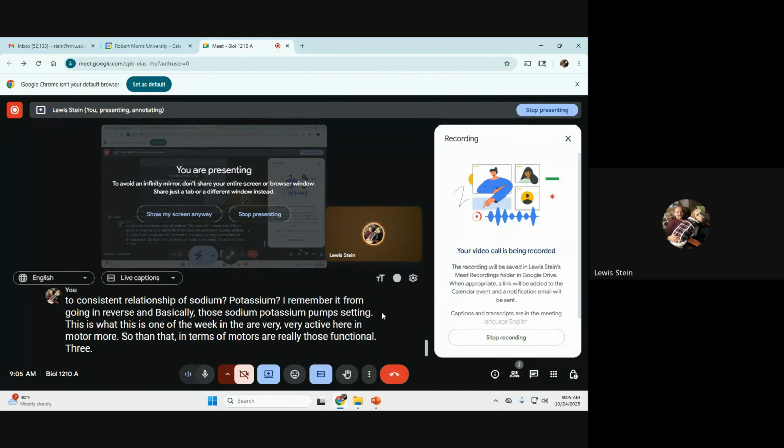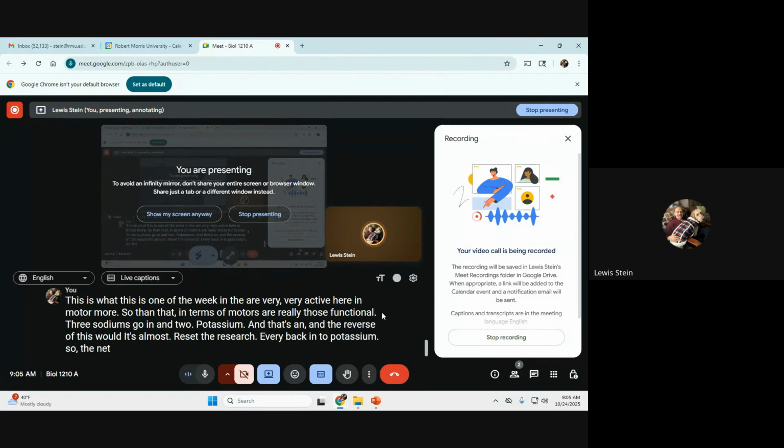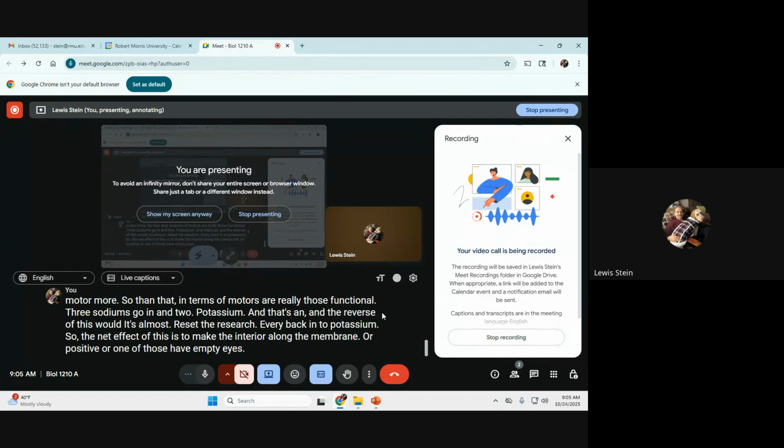3 sodiums go in and 2 potassiums go out. And the reverse of this, what happens by those pumps to reset it, they pump back out the 3 sodiums, they bring back in the 2 potassiums. So the net effect of this is to make the interior along the membrane more positive, or if you're one of those half empty guys, less negative.